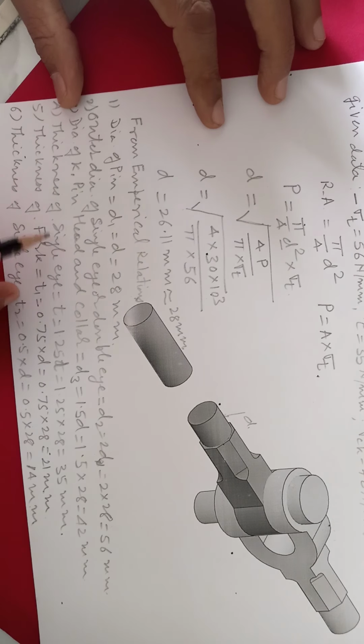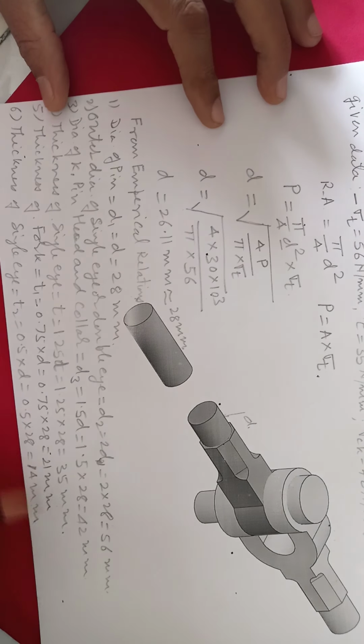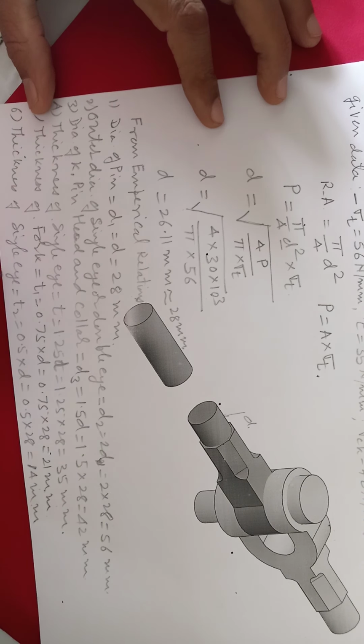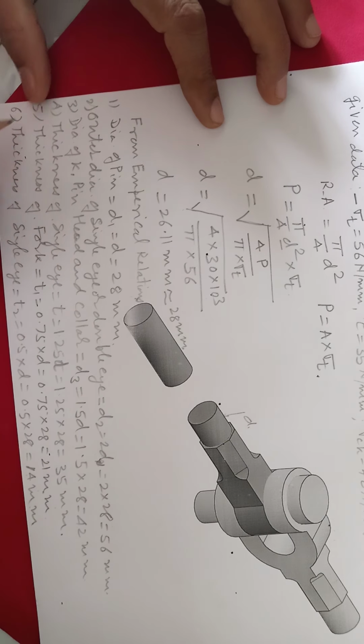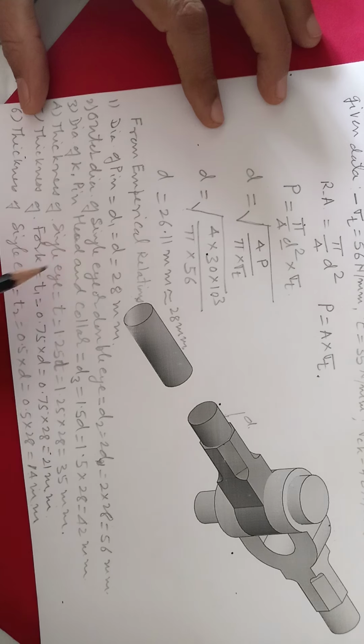Now thickness of single eye T is taken as 1.25 D, equal to 1.25 multiplied by 28, that comes out to be 35 millimeter, and thickness of fork T1 is taken as 0.75 multiplied by D, that comes out to be 21 millimeter, and thickness of single eye T2 comes out to be 14 millimeter. In this way we have calculated the remaining dimensions empirically.